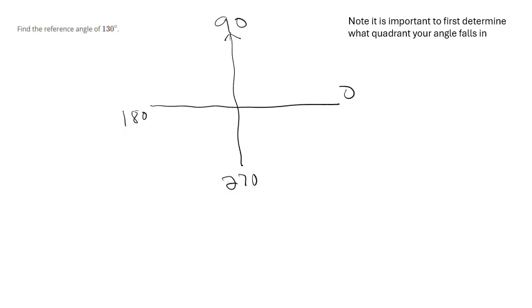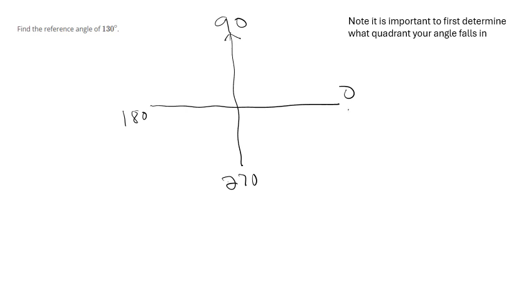I'm being asked to find a reference angle of 130 degrees. So the first thing I need to know is really what quadrant I'm located in. So once again, I've memorized 0, 90, 180, 270, and I also have that first quadrant memorized, right?